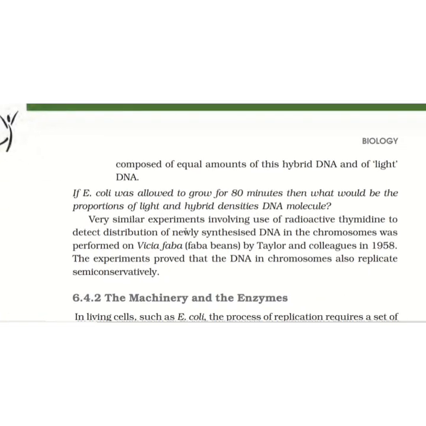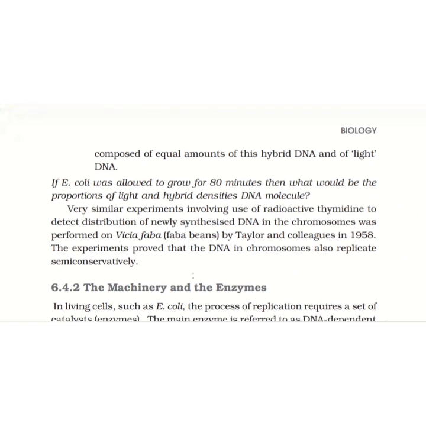Similarly, a very similar experiment involving use of radioactive thymidine to detect distribution of newly synthesized DNA in the chromosome was performed on Vicia faba, the faba beans, by Taylor and his colleagues in 1958.